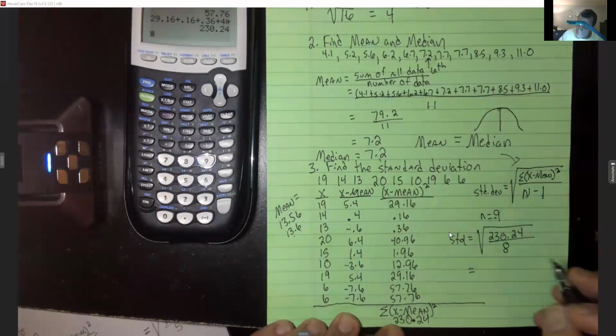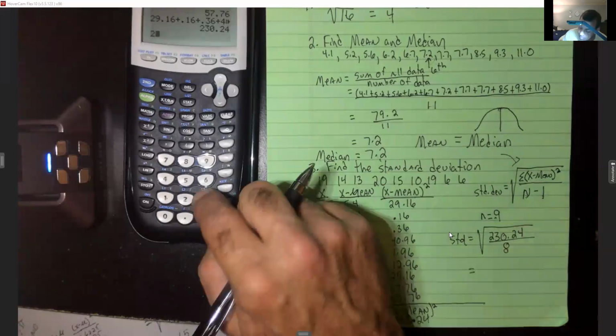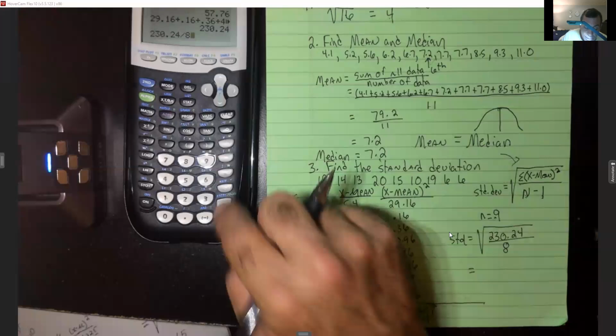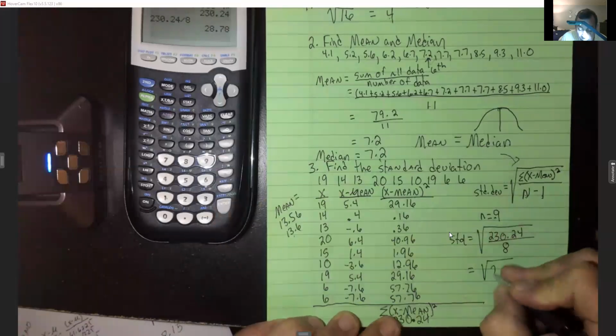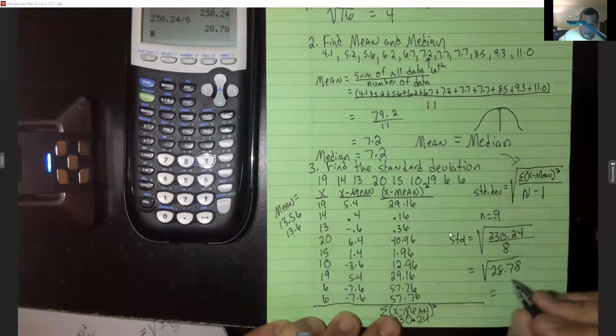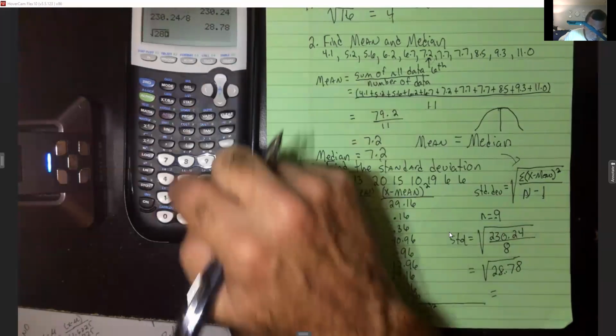So let's see what we're going to get. So I'm going to take the 230.24, divide by the 8. That's going to equal 28.78.